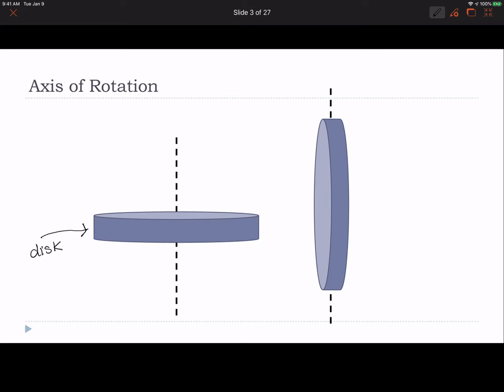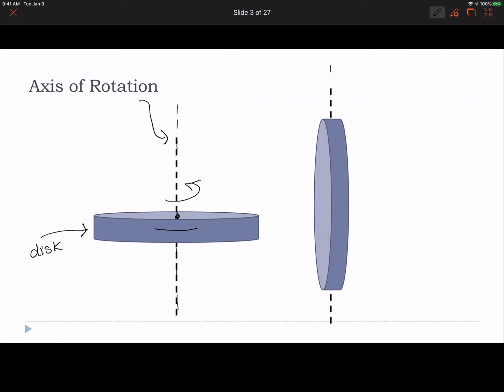You could think about it as a bicycle wheel or something like that, where the axis of rotation goes through the center. If I were to spin this, I could give it a push and cause it to essentially rotate about that axis. The line that goes through the center is representing our axis of rotation, and we'll talk about what that means in a little bit more detail in a second.